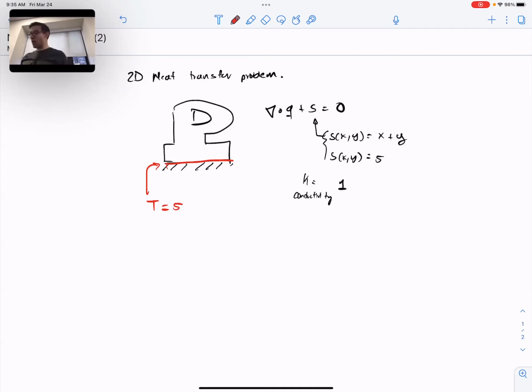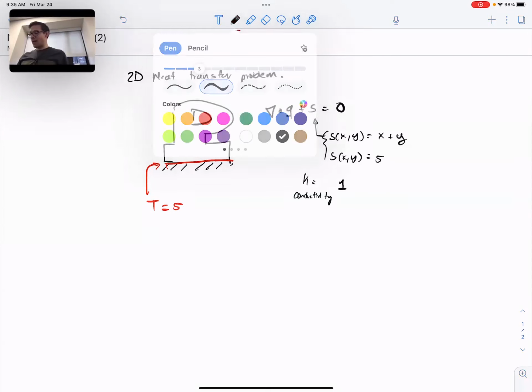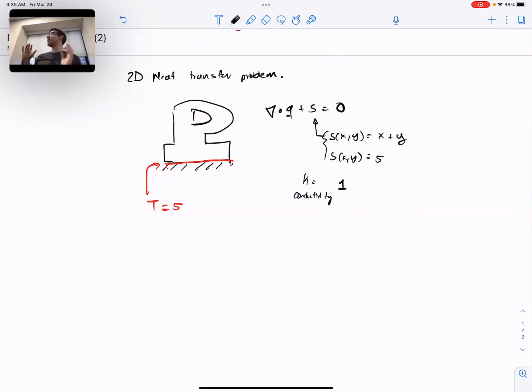All right, so we're going to solve this problem. And what will we need to do to solve it? At the end of the day, we will get this big K matrix times T, plus the force vector equals 0.